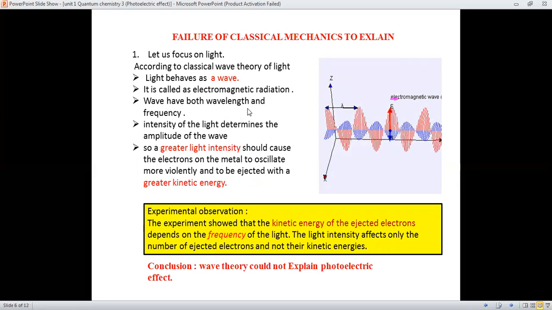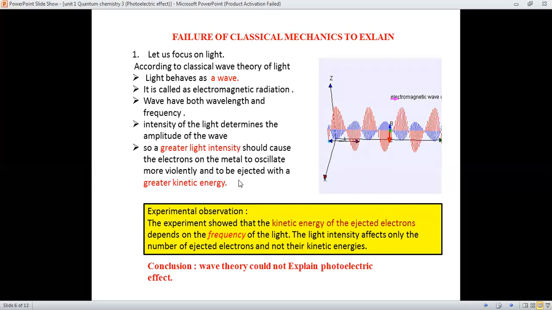So according to classical mechanics, the kinetic energy of the ejected electron will depend upon the intensity. Higher intensity means more kinetic energy of the ejected electron, and lesser intensity means less kinetic energy. That was the prediction according to classical mechanics.